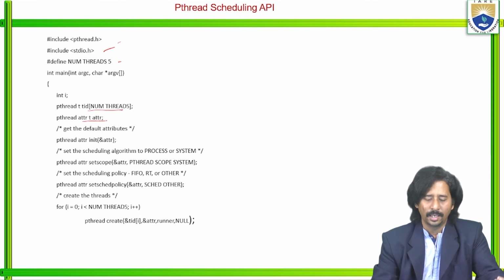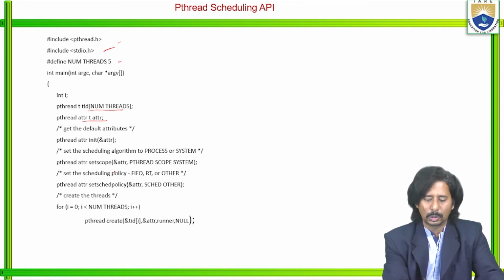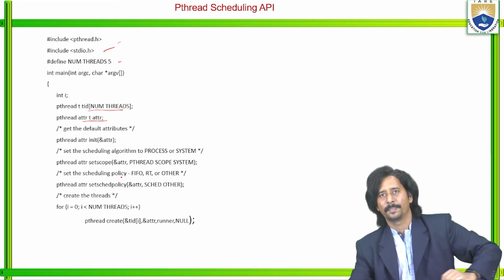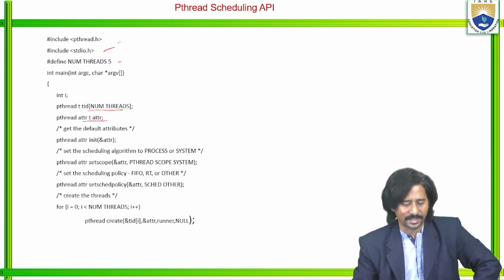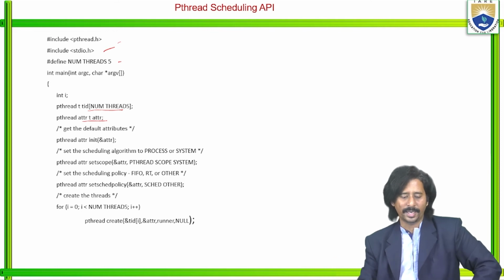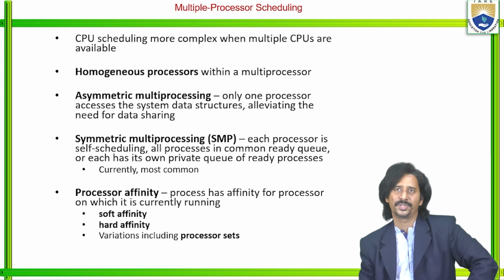Then it gets the default attributes and sets the scheduling scope to either process or system, that is either PCS or SCS, right? So pthread_attr_setscope, that is the attributes, PTHREAD_SCOPE_SYSTEM. Then set the scheduling policy, either first in first out or round robin or some other policy, right? Then we need to create the threads. So like this, a Pthread scheduling application programming interface is scheduled.